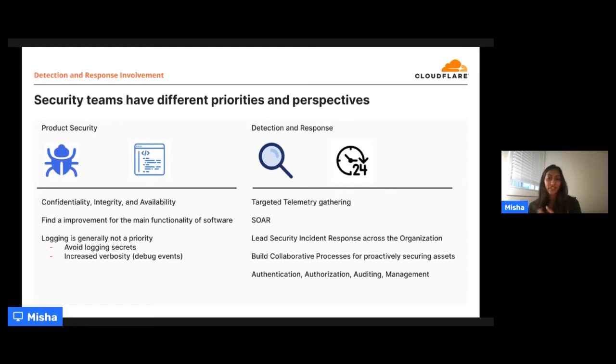And product security teams, because they may deprioritize logging, it's a give and take, right? Different teams are going to be prioritizing different things. So this is why it's important to have different perspectives involved in the threat modeling process.